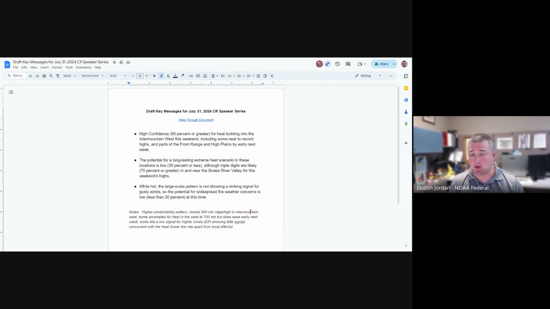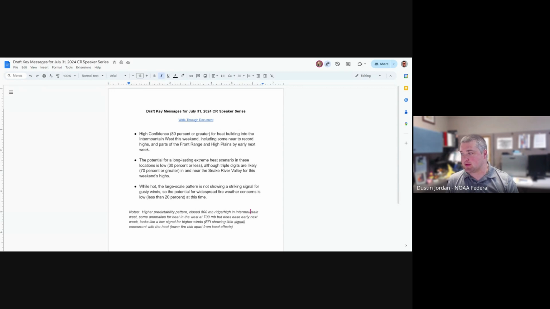So we saw all the different tools that we brought up, and a lot of confidence in heat building across, like we talked about throughout the discussion, the Front Range and High Plains as we get into early next week, and even including some near record highs, so you can bring some context into this higher confidence level of seeing heat build this weekend and into early next week.